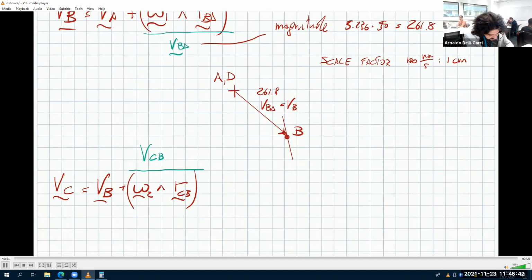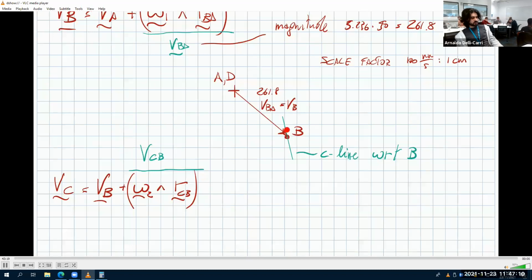And this line will tell me this is the C line with respect to B. Agreed? So this is the line: the velocity of C is VB, this vector here, plus another vector that must be in this direction.